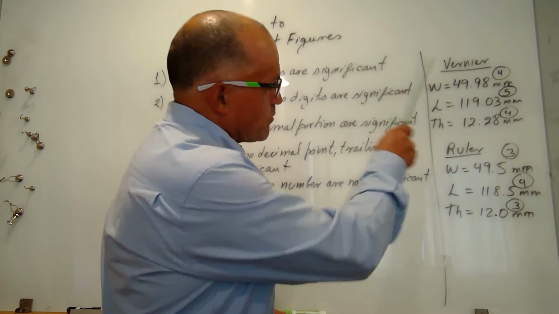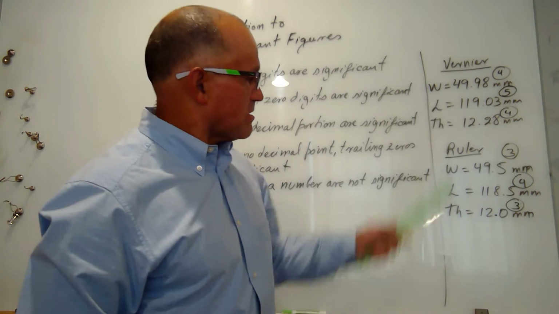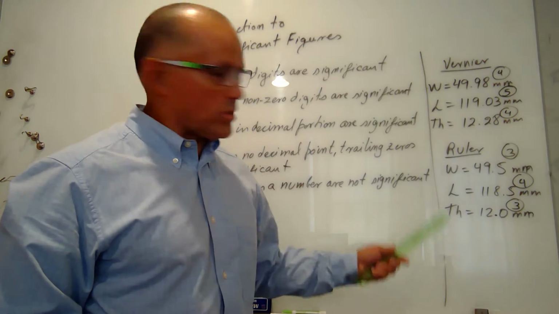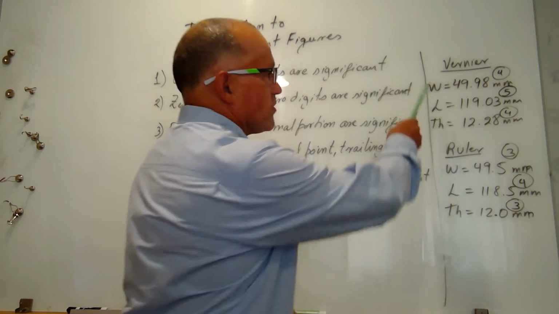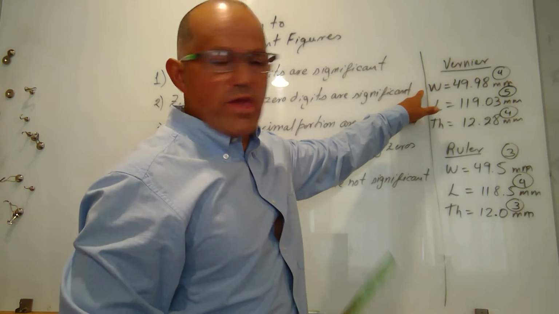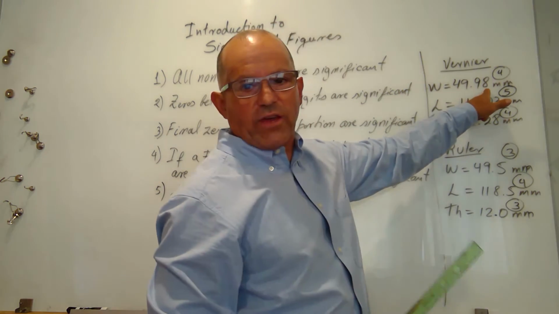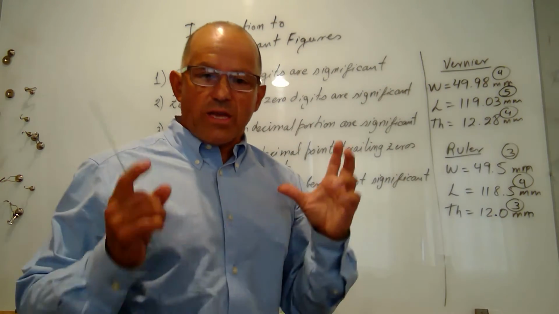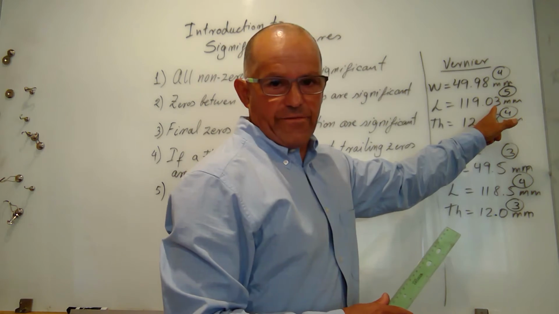As we count the number of significant figures in each of those, they're going to be different. For the width, using the vernier, I'm going to count 1, 2, 3, and 4 significant figures, 4 digits that are actually very important. For the length, I count 5.